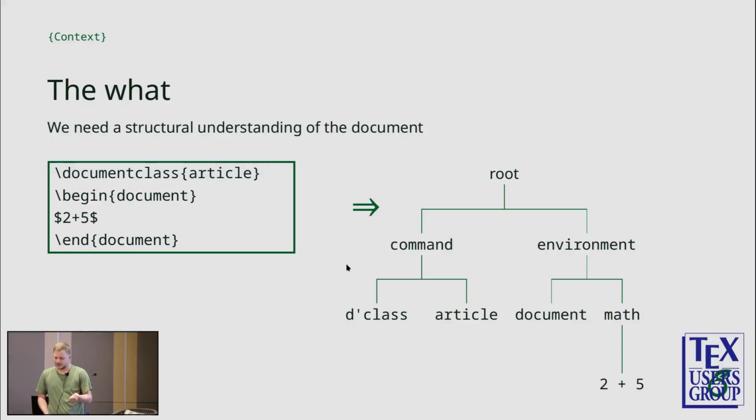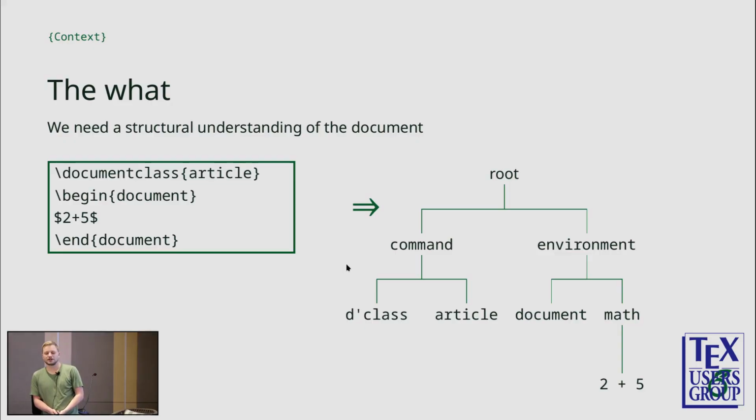So we have the why, and we have the where, and then finally the what. What is it that we need in order to do these things? Well, we need a structural understanding of the source document. So if we have a document here on the left, a document class article, we have a document environment and some math inside.